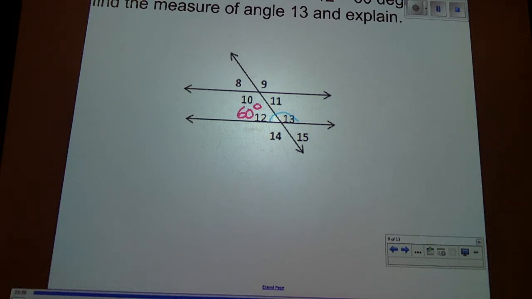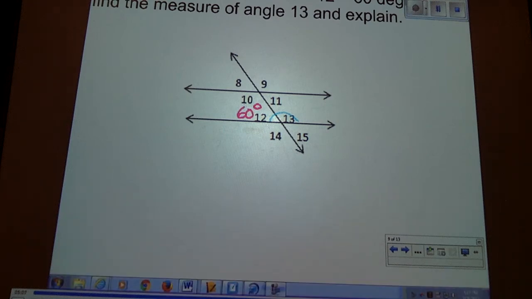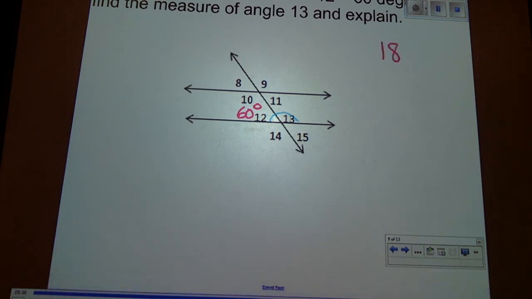So think about what you could do to find 13. We could subtract 180 minus 60. And you'll get 120 degrees.